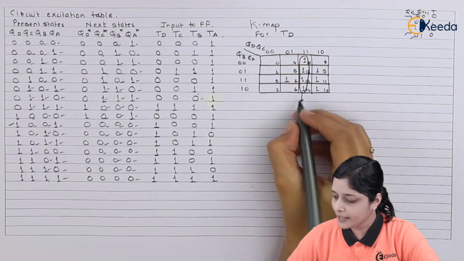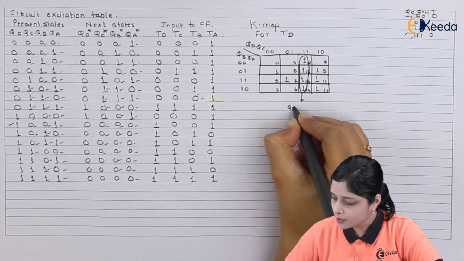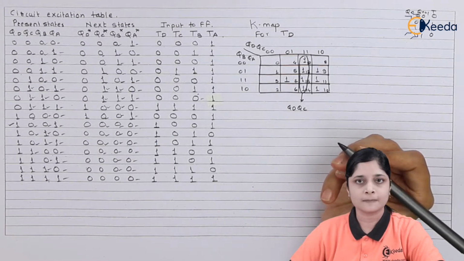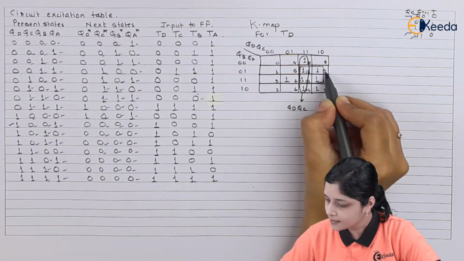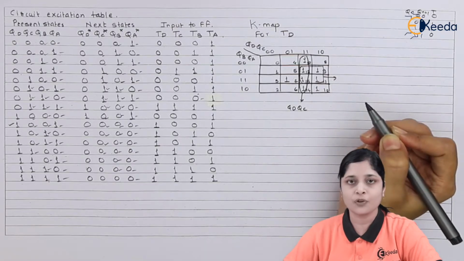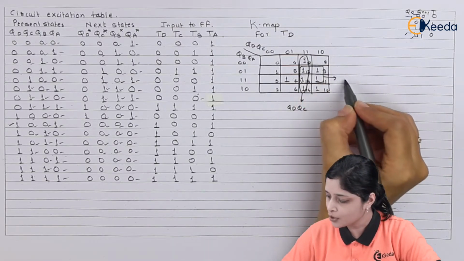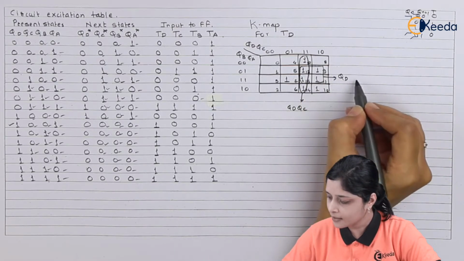The equation we can write here is QD, QC. Now we can take these 4 ones. The equation for this group is QD, and here QA.